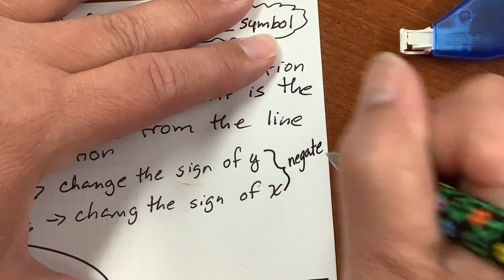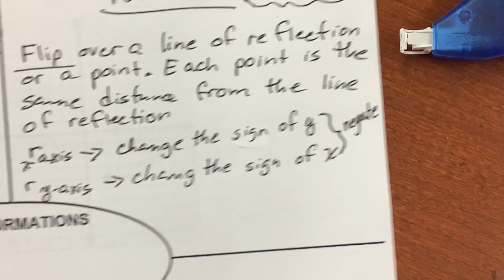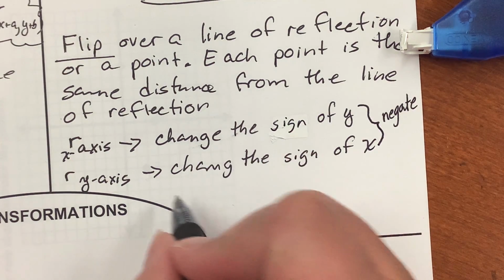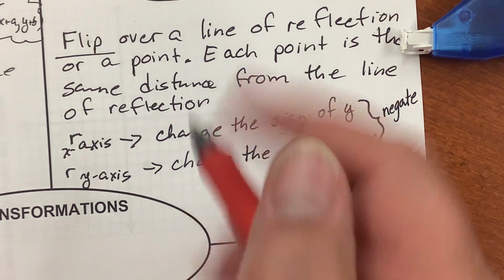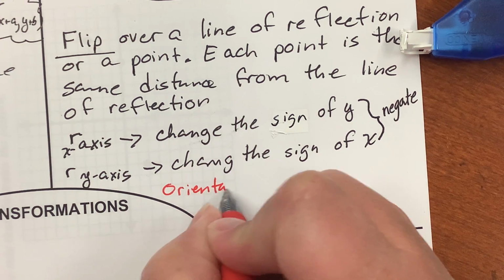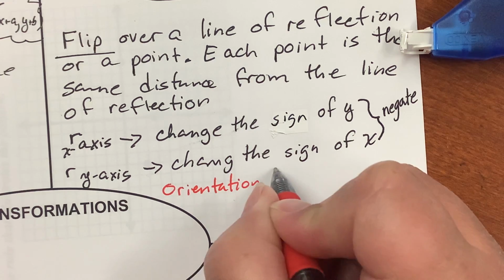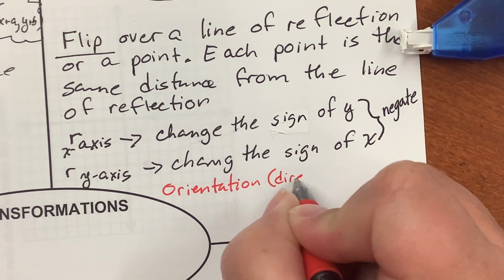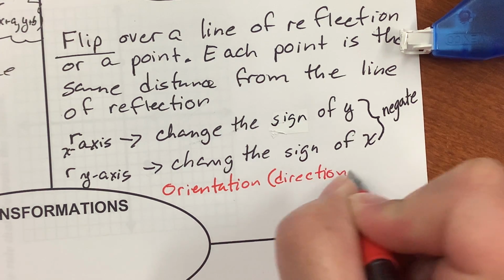And remember, negate means change the sign, not make it negative. And the big thing here was orientation, which is direction, changes.